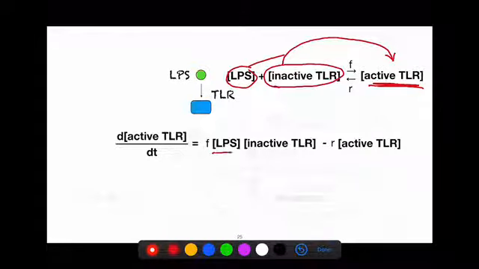So we consider them in multiplication and multiply by the rate. It will become the rate of change for active TLR. But then what's in the active TLR compartment will move back to the left compartment with the rate R. So we can consider exactly the same thing.